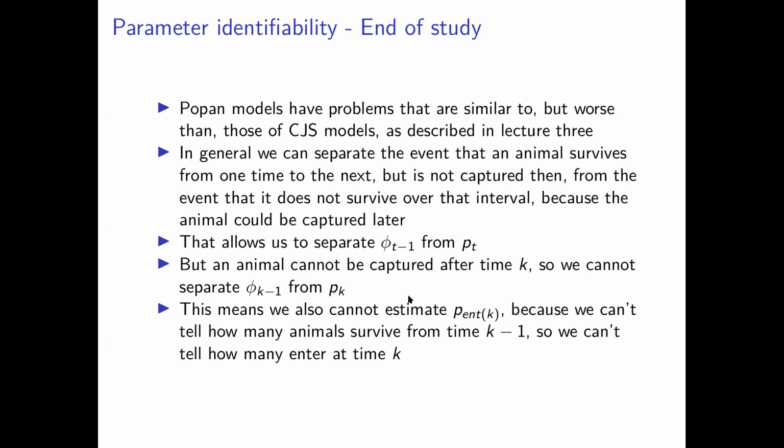And that means that we can't actually estimate these parameters separately. We also can't estimate the entry probability for survey k, because we can't tell how many animals survived from time k minus 1, and so we can't tell how many animals enter at time k. So we can't separate these.